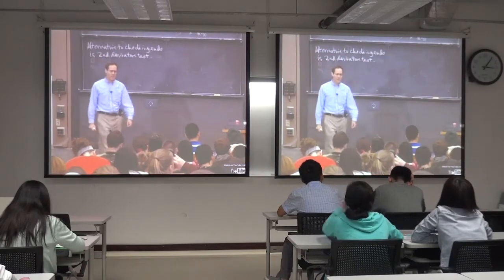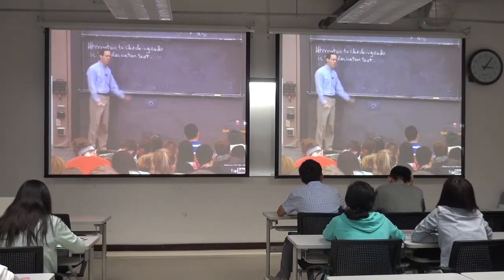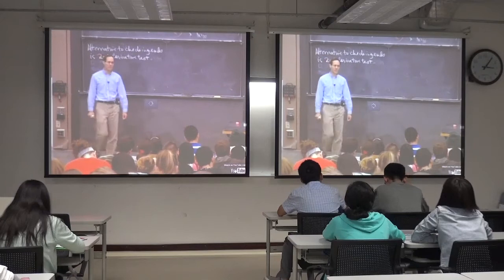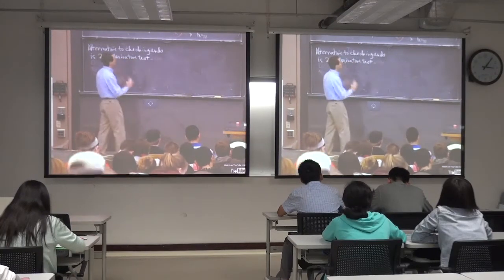I do not recommend the second derivative test. I try my best when giving problems to make it really hard to apply the second derivative test. But in this example, the function is simple enough so that it's perfectly okay.